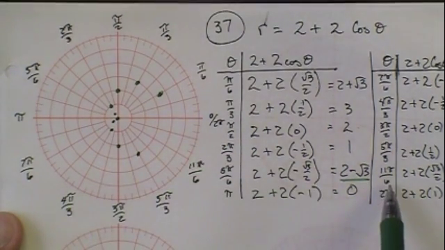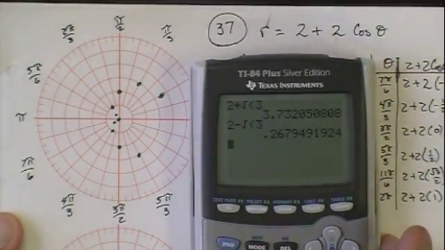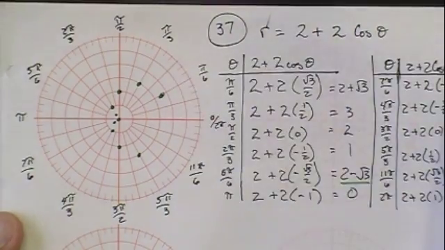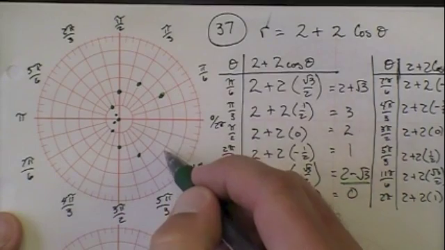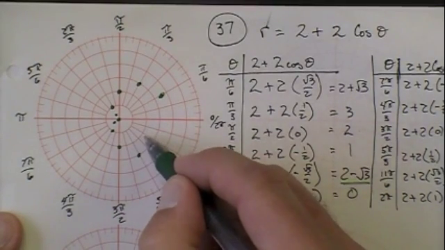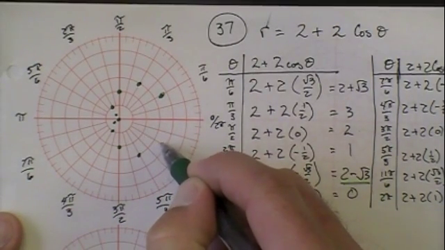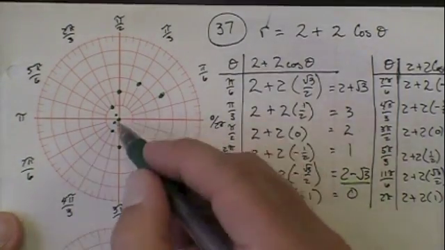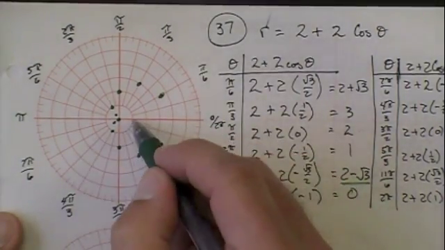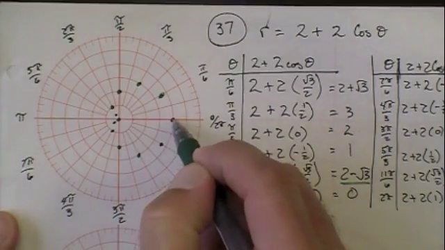And then at 11 pi over 6, we're back to the 3.7 value that we had before, where it's 2 plus the square root of 3. So 3.7, that's towards our 11 pi over 6. Here's our 1, 2, 3, 3.7 is about there. And then at 2 pi, we were at 4. That's also our zero graph, so 1, 2, 3, 4 there.